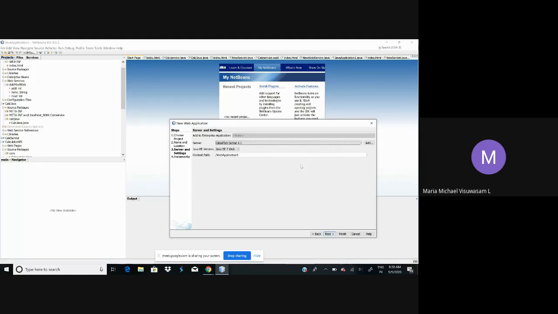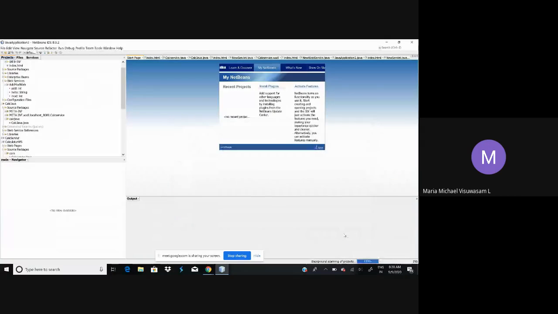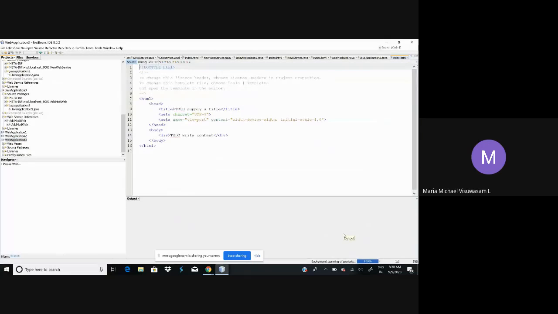Now once again select the server which you want. So give finish. So we have just created a web application. WebApplication3 is the name of the new application which we have created.